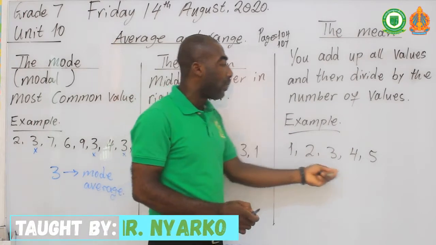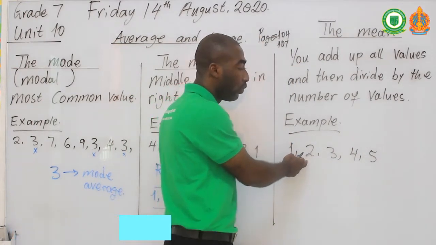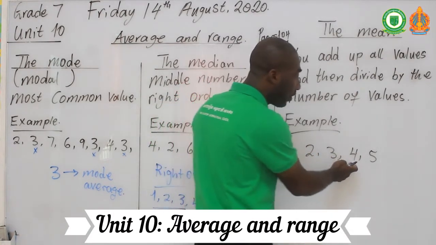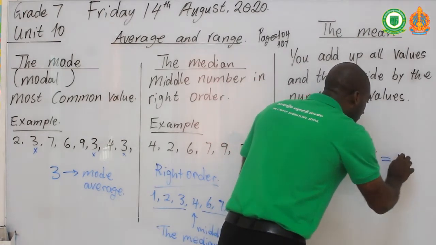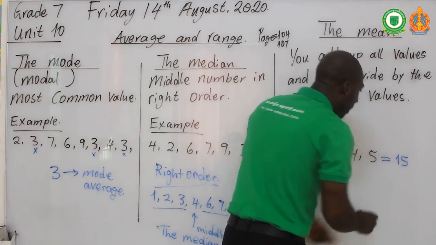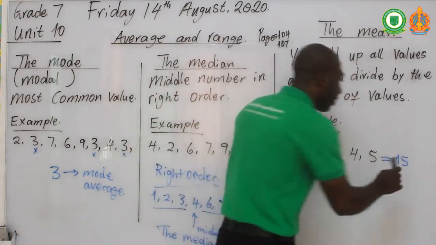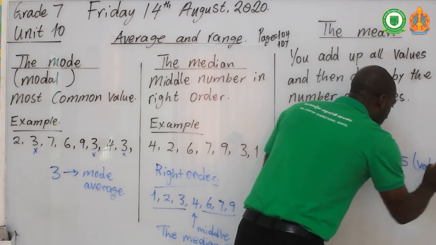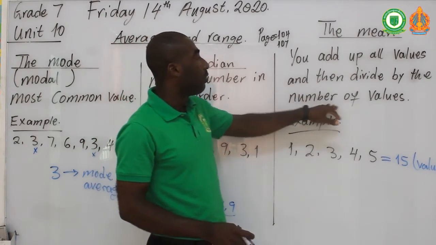When we add up all these values, we do 1 plus 2, which gives us 3, plus 3 gives us 6, plus 4 gives us 10, plus 5 gives us 15. So 15 is our total value. Now we have to look for the number of values.